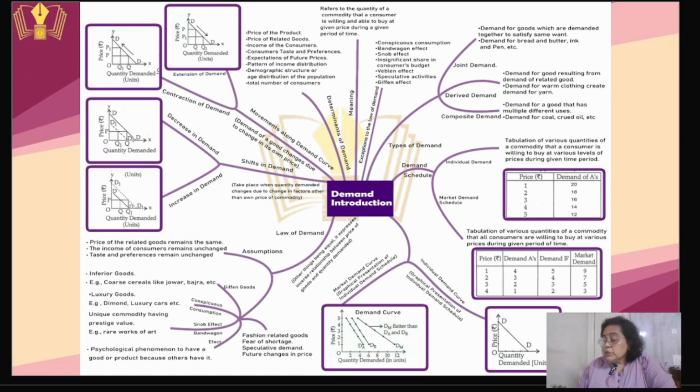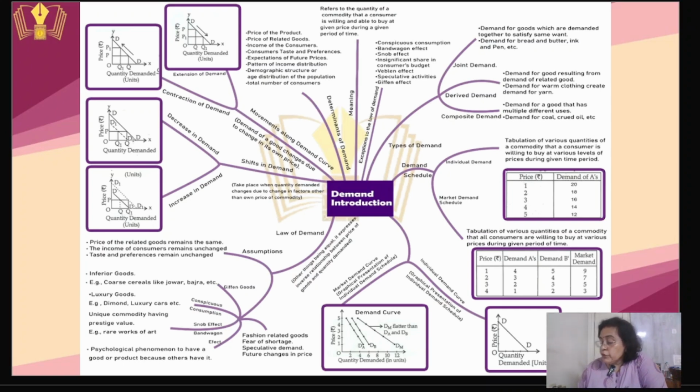Next comes derived demand, and then we will be doing composite demand. Now, when we say derived demand, what do we mean? It means when the demand for any commodity is derived from the demand for some other commodity. It is called derived demand or indirect demand.